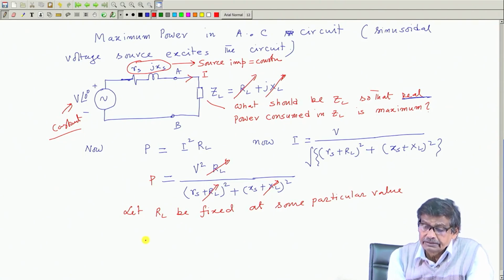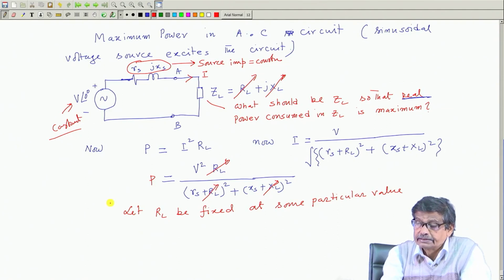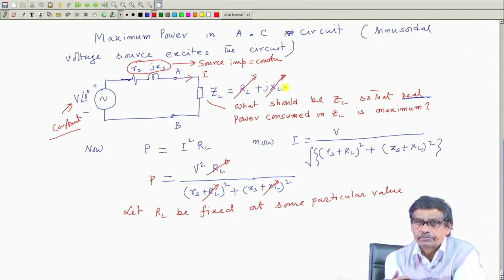So, in that case, what I am telling is that this problem of getting the value of the load impedance for maximum efficiency, I am doing in two steps. First step, I will fix RL to some arbitrary value.